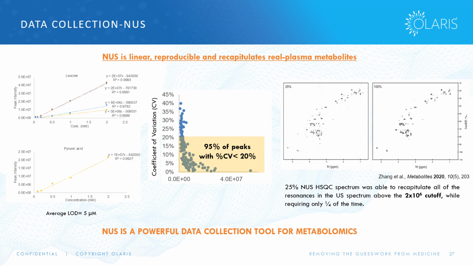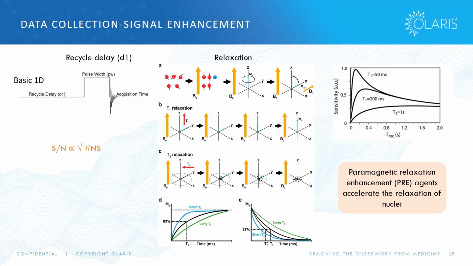So the majority of our peaks had a very low variation, and all the small peaks that had a high variation are probably stuff that you don't want to even look at anyway, because they're probably artifacts. And we saw that with a 25% NUS, using a quarter of the time, you can fully recapitulate the full spectrum that is acquired with uniform sampling in plasma.